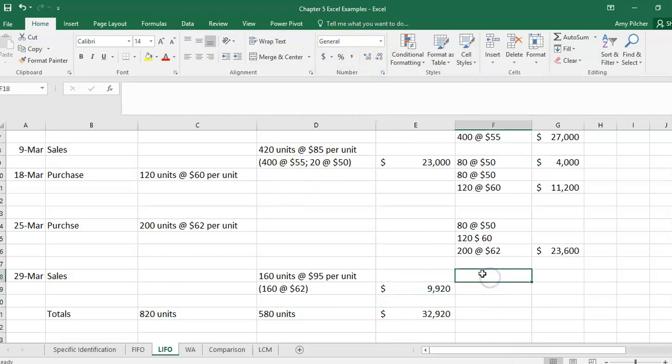And our ending inventory is 80 units at $50, 120 units at $60, and 40 units at $62.